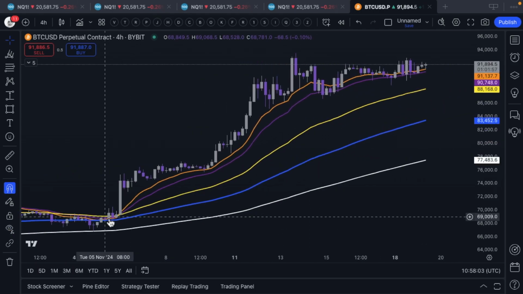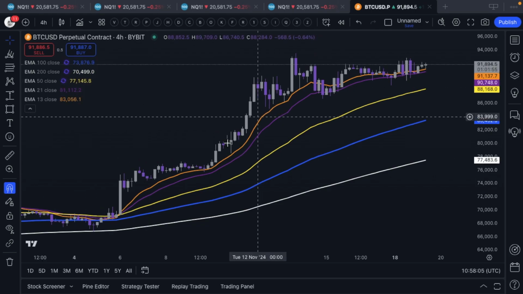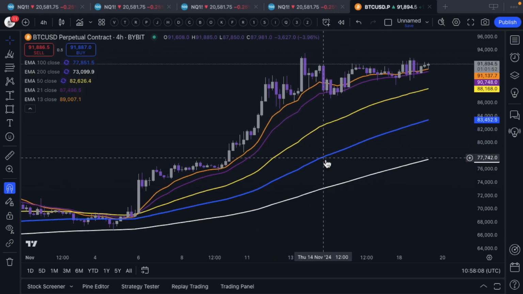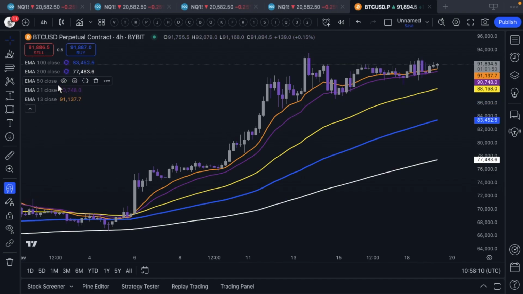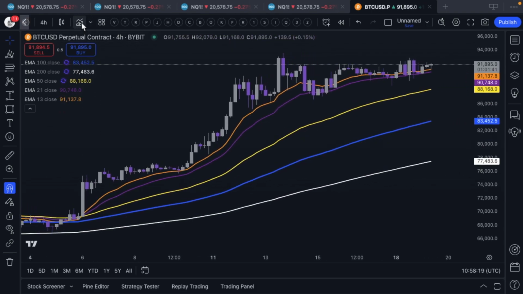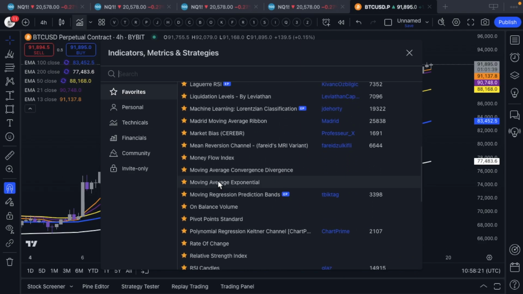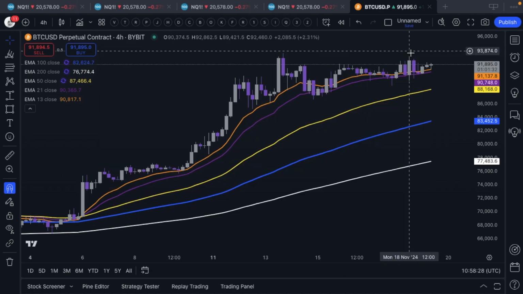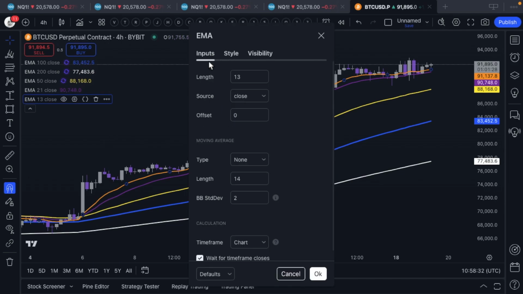All right, so this is a hodgepodge of EMAs, and these are some of the more popular EMAs: the 100, the 200, the 50, the 21, and the 13 EMA. If you go to your indicators, it's the moving average exponential, that's the EMA, and then you would go into your settings tab and change the lengths.